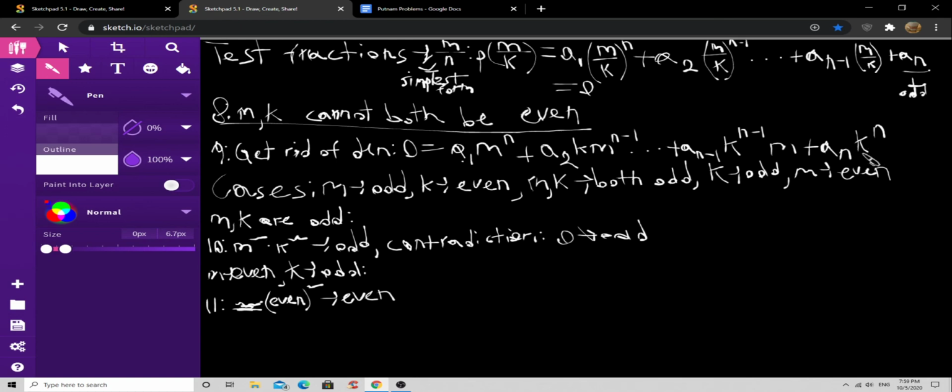But we still know that, let's see. Wait, that's peculiar. Oh, plus an. Okay. So we know that this is odd, and kn is odd, so this term is odd. So the constant term is odd. And we have an odd number of odd coefficients. So I feel like we can make the same assumption here.